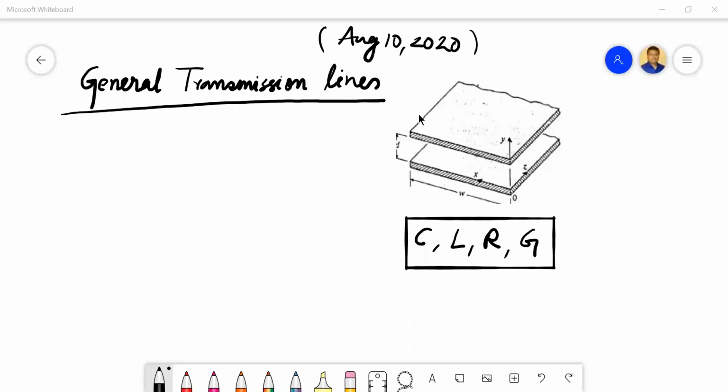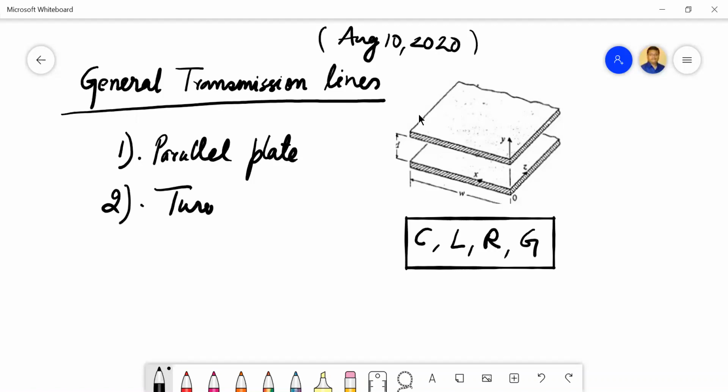So we are going to talk about the two conductor system mainly, and this includes first parallel plate, second two wires, and third the coaxial lines.